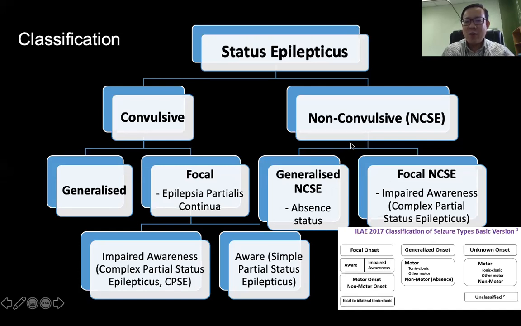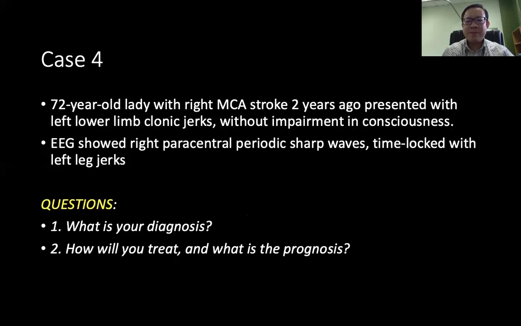So this is non-convulsive, because the patient has no more convulsion and only has impaired consciousness. And it is focal because the EEG only shows continuous activity on the right occipital lobe. So it's a focal non-convulsive status epilepticus.